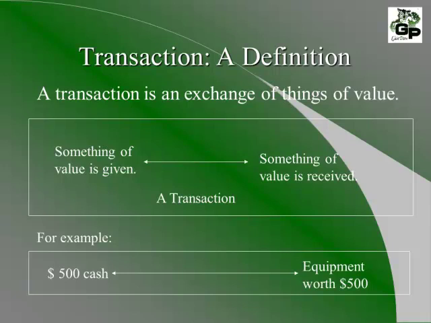This is a transaction. For instance, I may have $500 that I wish to purchase equipment with, so I give $500 to someone who is selling the equipment. The person receives my $500 and I receive the equipment, which I feel is worth $500. This is a transaction.